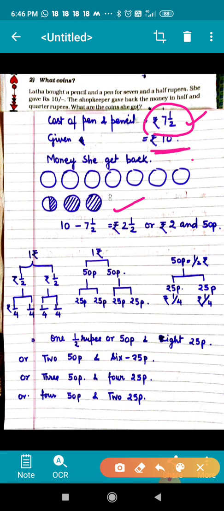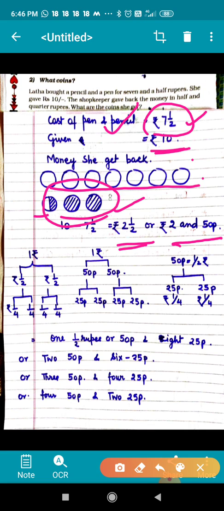Okay, so 7.5 she gave for the pen and pencil, and how much is left? 2.5 is left. So you can say 2 rupees and 50 paisa is left, because half rupee stands for 50 paisa and quarter rupee stands for 25 paisa.